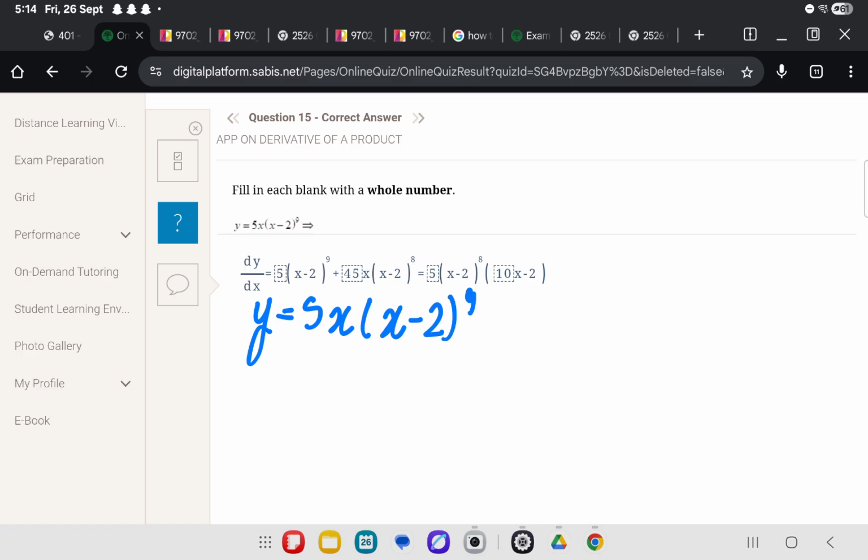So what you do here is, actually, do you need chain rule for this one? I don't think you do. I think you can find it normally, but you can also find it using the chain rule.